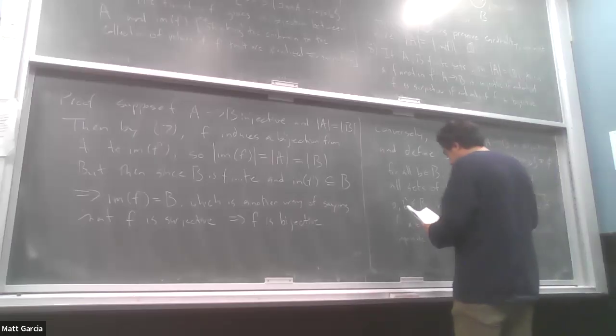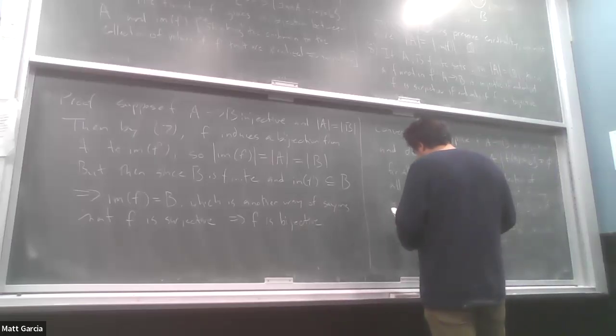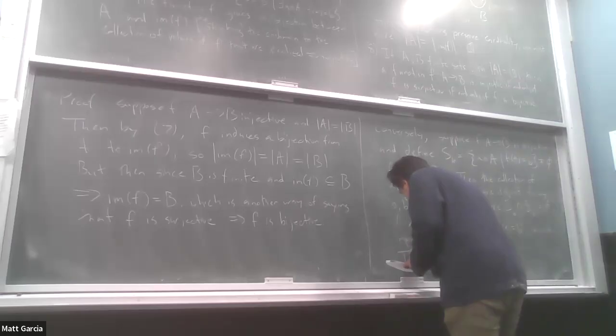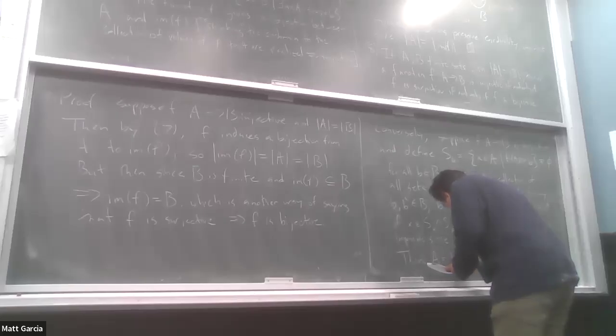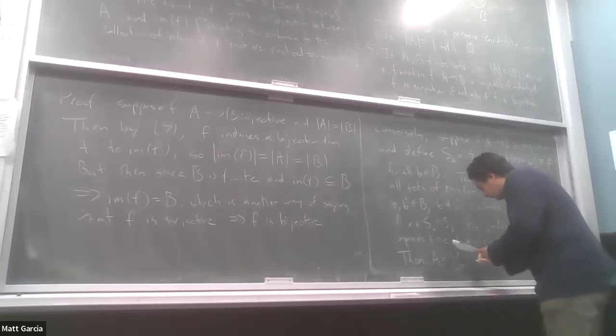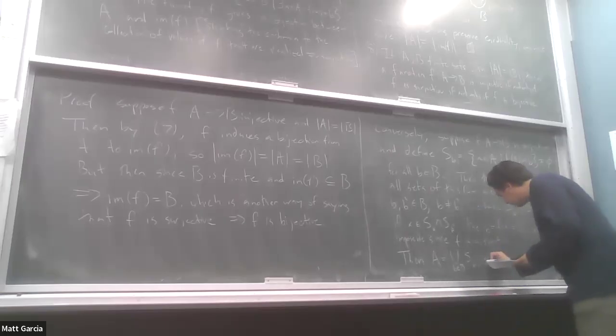Then we also have that A is equal to the union over all elements little b in B of S sub B. Why is this?